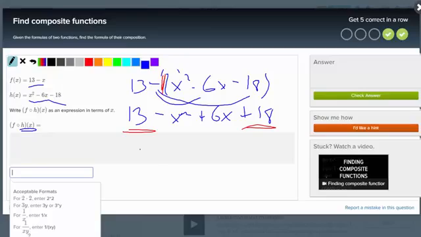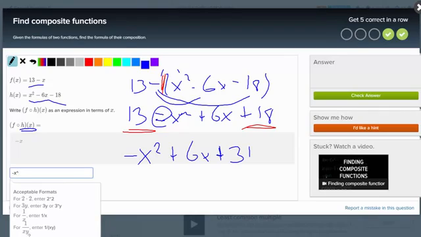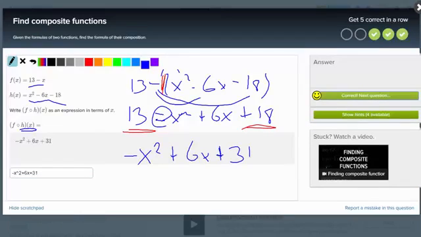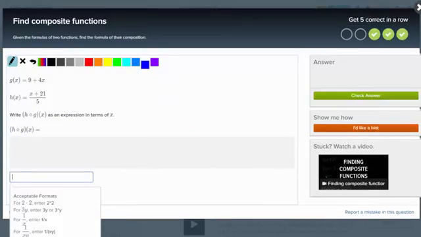So it's going to be negative x squared plus 6x plus 31. Give that a shot. Negative x squared plus 6x plus 31. All right. Let's check out a couple more of these.